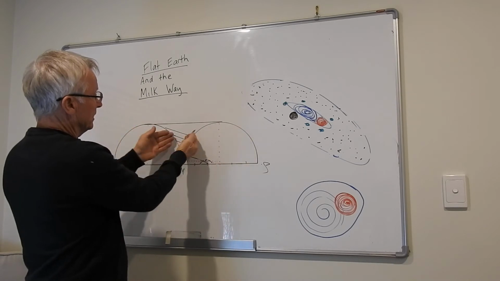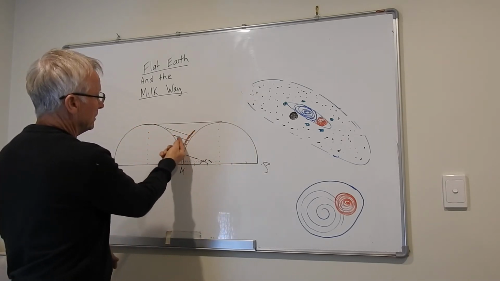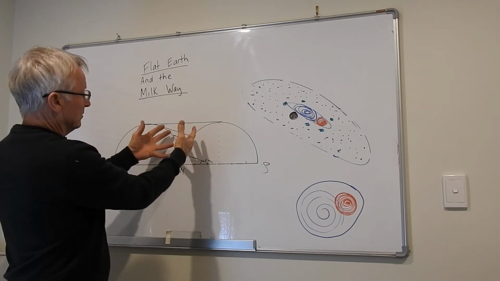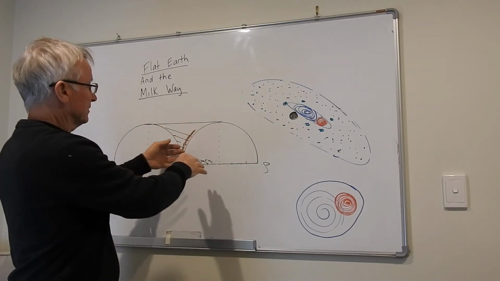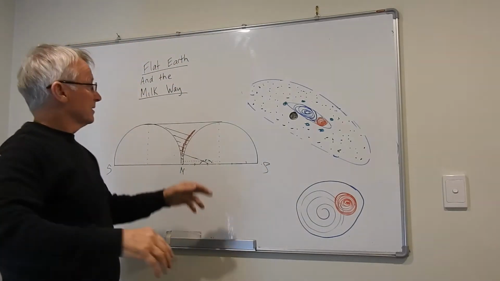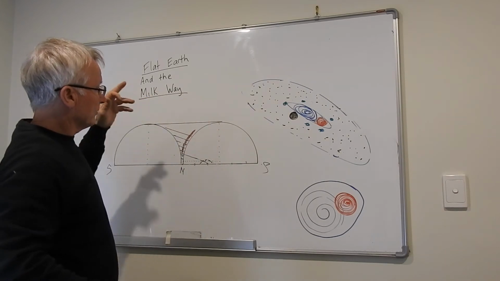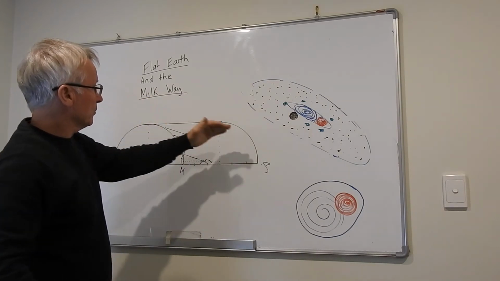Earth is stationary. It's this vortex that turns. So as it's turning in the centre there, everything is being projected out into our field out here, around the firmament, dome, whatever you want to call it.